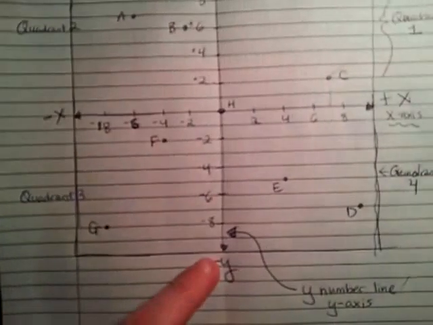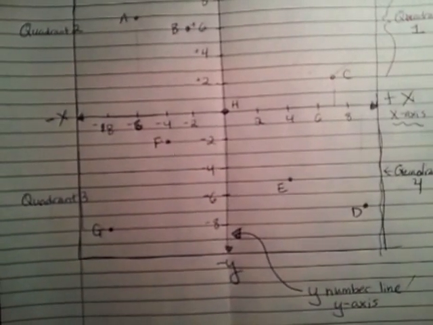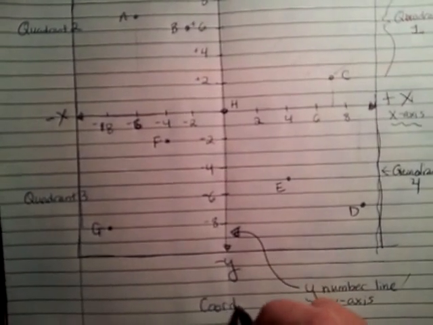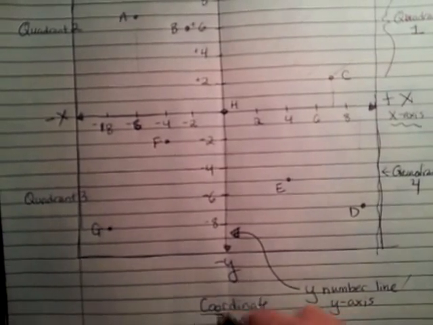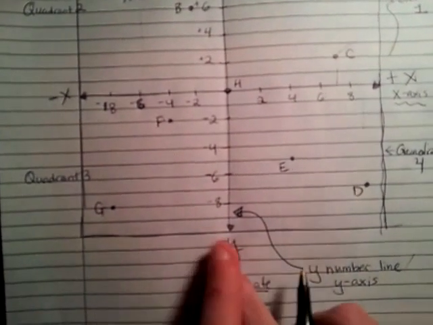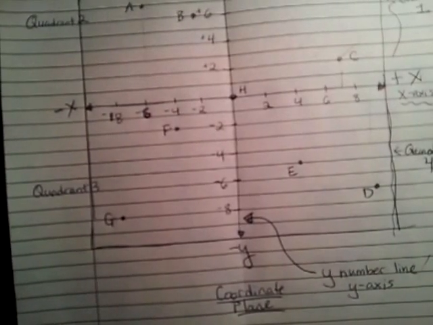Similarly, everything way up here is quadrant 1. So, now that we know all the different pieces of our coordinate plane, and I'm going to label this as my coordinate plane, this whole thing, that's the coordinate plane. We can start problem 2.5.